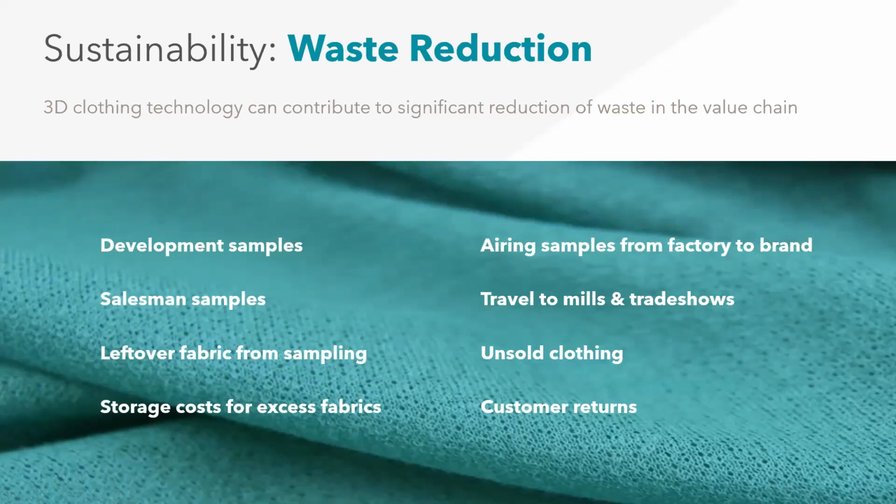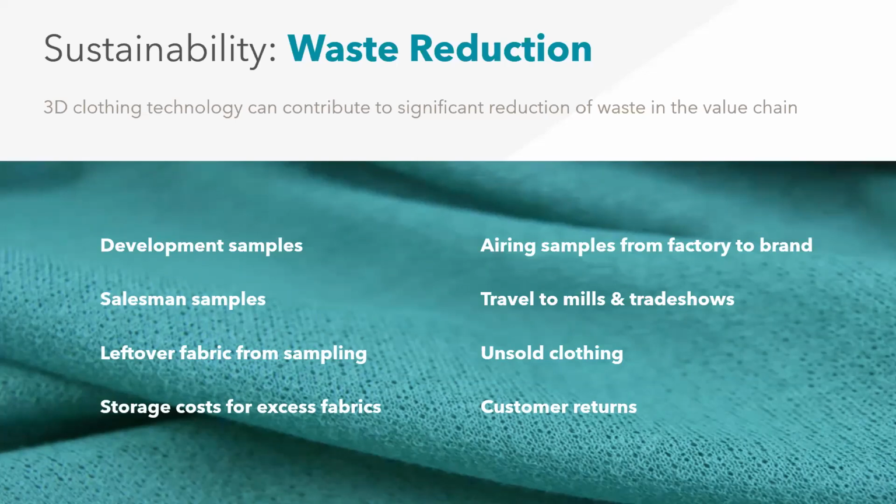So creating multiple development samples and salesman samples, different colorways, leads to a lot of leftover fabric where brands have to meet supplier MOQs and MCQs that mills have in place because they need to recreate the conditions of bulk production.